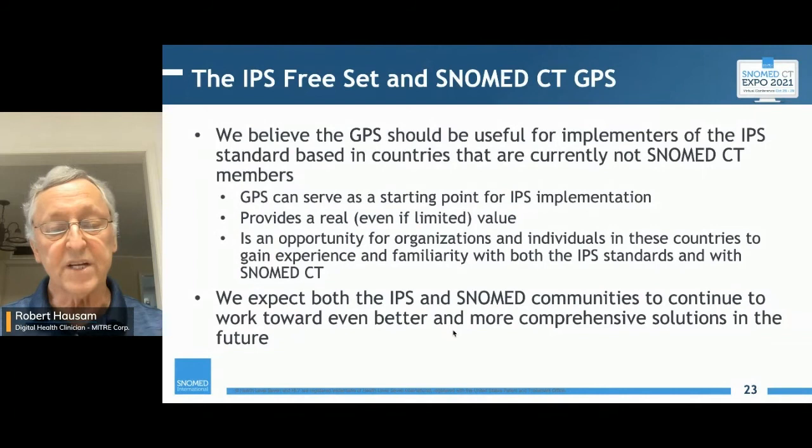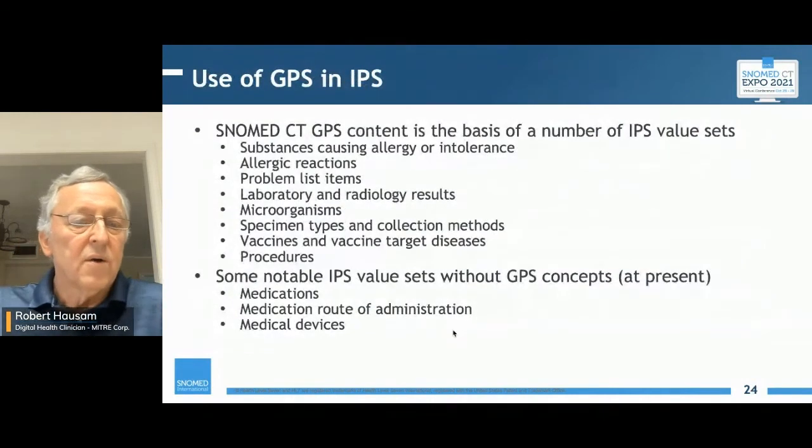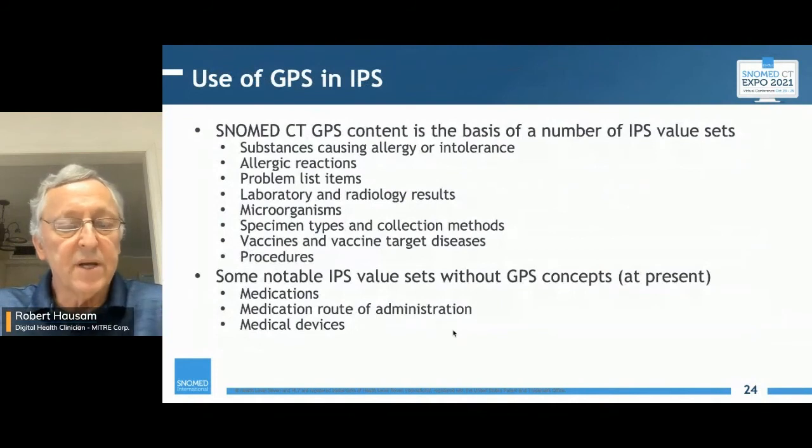And so our expectation is that both the IPS and SNOMED communities will start with this and will continue to work towards solutions that work even better and are more comprehensive in the future, ideally based on the GPS. And so where we've incorporated GPS into the IPS standards so far, we've used it as a basis for a number of IPS value sets.